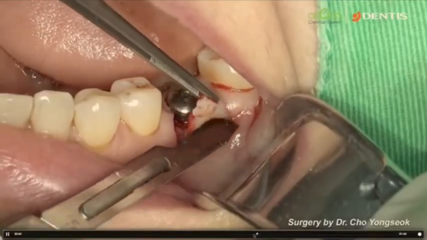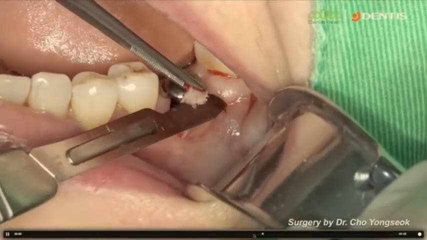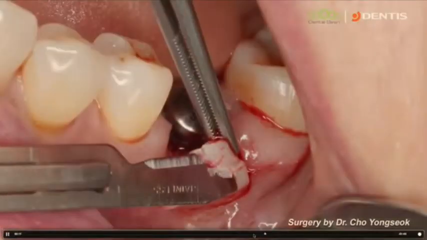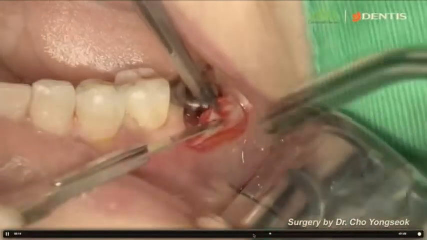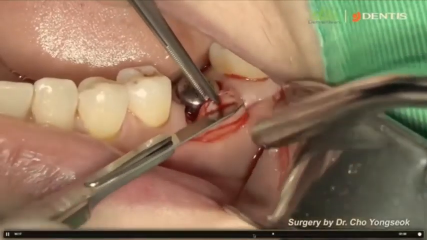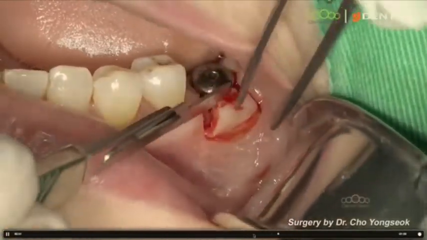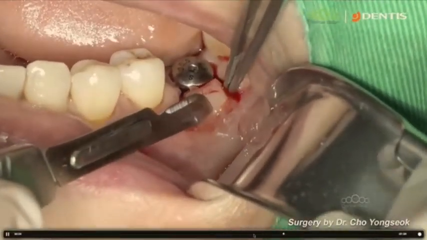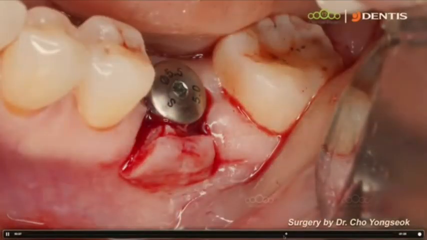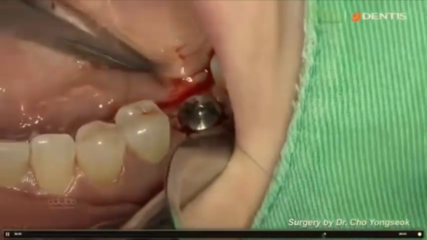Okay, remove the epithelium with a blade, and then the underlying connective tissue was rolled and positioned toward the buccal side. Okay, like this. It's a very simple way to increase buccal tissue volume. And here, approximated the flap.